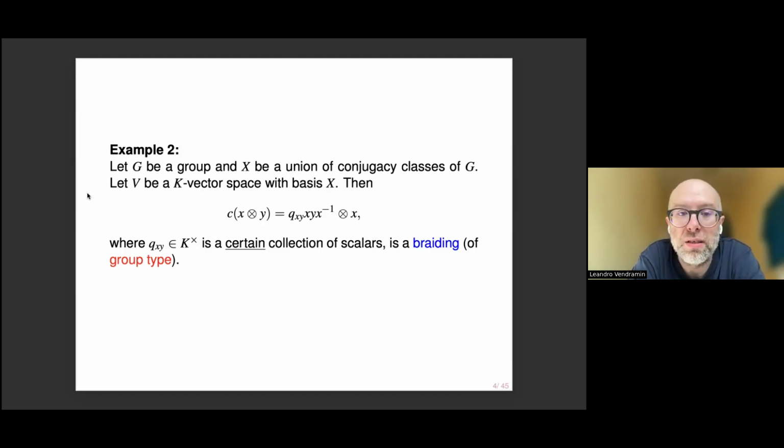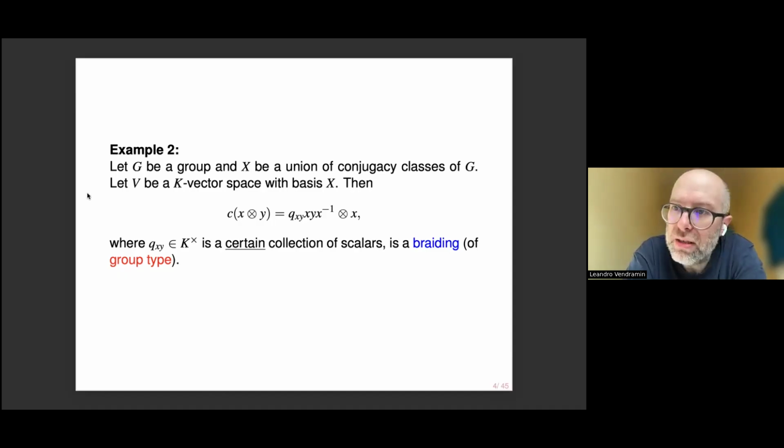Just to give you the correct setting, let's say that G is a group, and then take X as some union of conjugacy classes, some subset of G stable under conjugation, and then you take as V the vector space with basis in this conjugation stable subset, and then conjugation, like this formula that I put there, will give you a braiding.